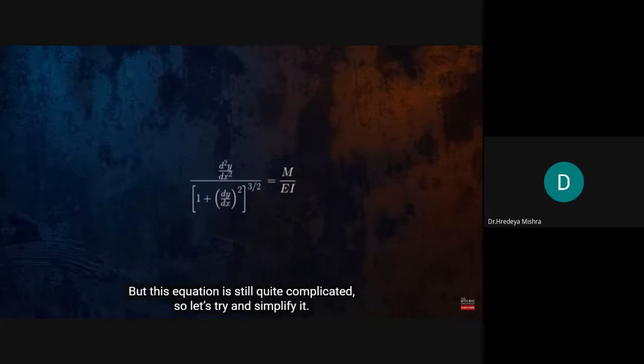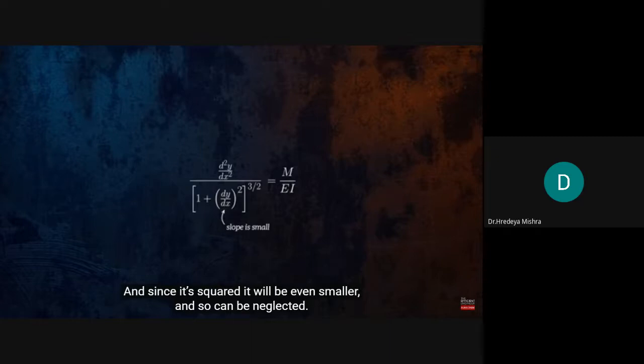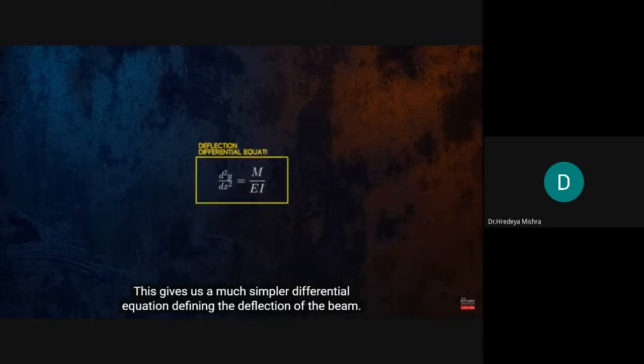But this equation is still quite complicated, so let's try and simplify it. Since we're limiting ourselves to elastic deformation and assuming that the slope of the elastic curve is small, the dy over dx term will be small. And since it's squared, it will be even smaller, and so can be neglected. This gives us a much simpler differential equation defining the deflection of the beam.